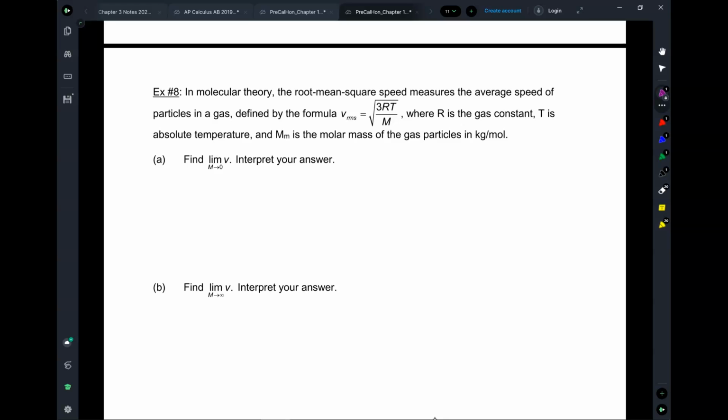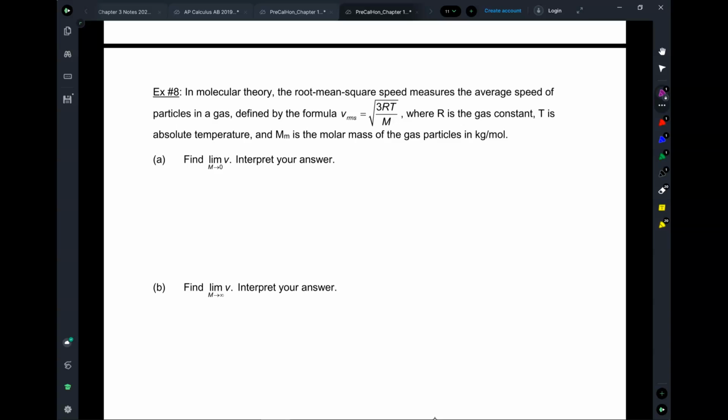So, it's defined by the formula V_RMS. This is the root mean squared velocity or speed, and it's equal to the square root of 3RT over m. R is the gas constant; it's just a constant, like PV equals nRT, right? It's that R. T is the temperature. M is the molar mass of the gas particles.